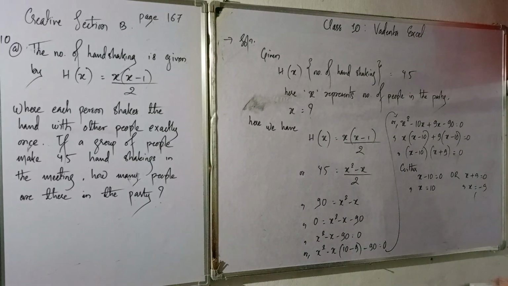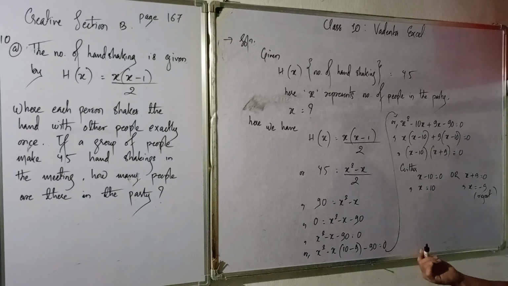If the value comes out negative while representing the number of people, or any scalar quantity, you must reject it.